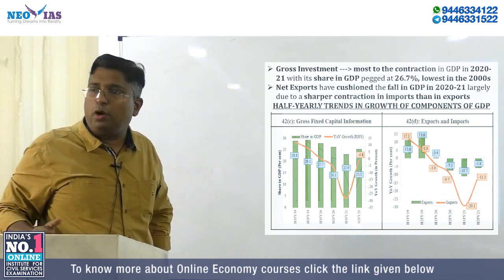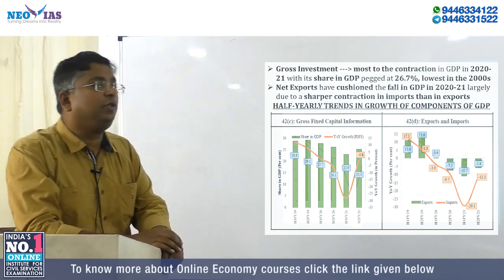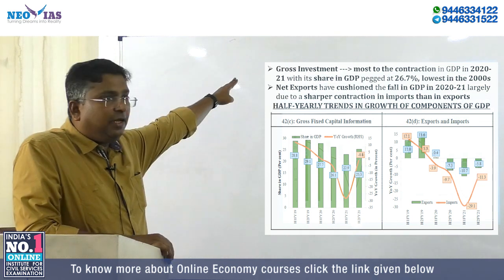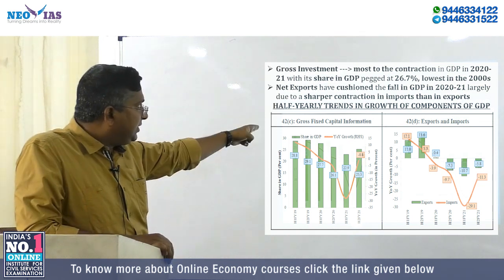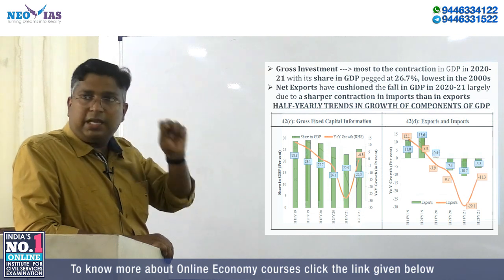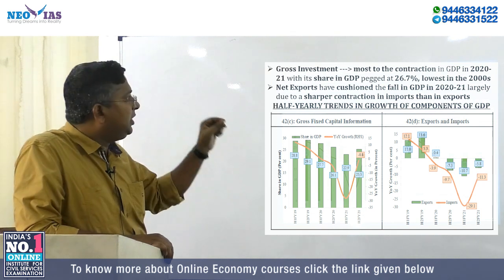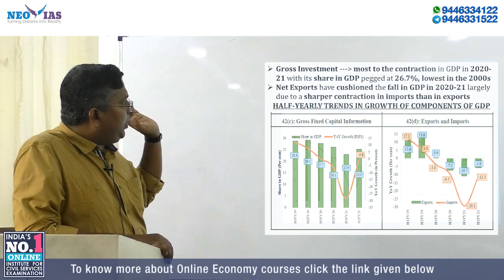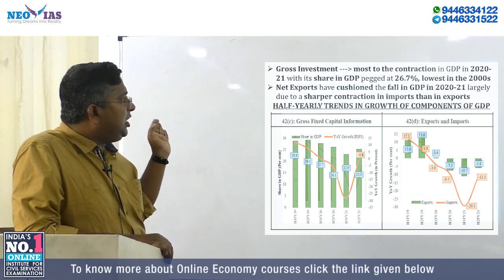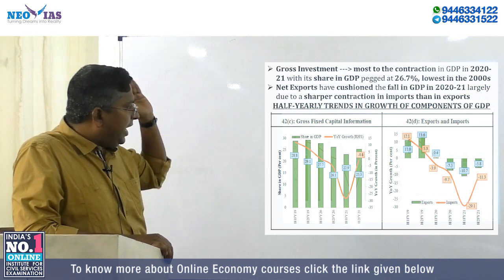Why has GDP contracted? The major factor for this contraction is provided by the gross fixed capital formation, or in short capital formation or gross investment. So most it contributed in this financial year, and its share in GDP is at the lowest.